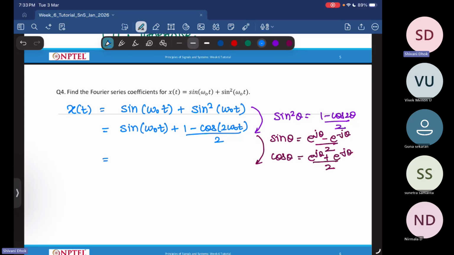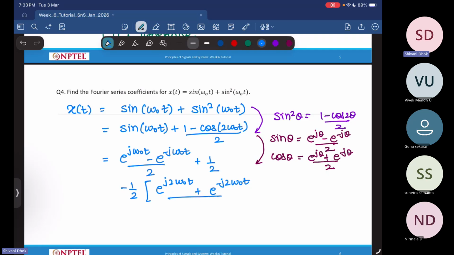So that will give me e power j omega naught t minus e power minus j omega naught t by 2 plus 1 by 2 minus 1 by 2 into e power j 2 omega naught t plus e power minus j 2 omega naught t by 2.